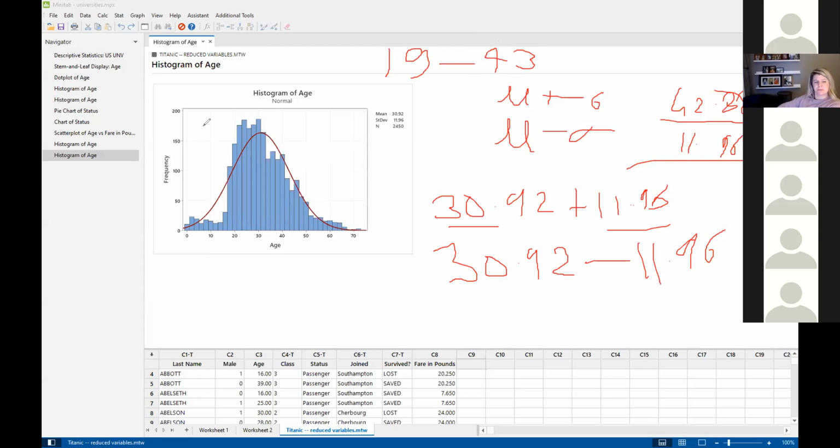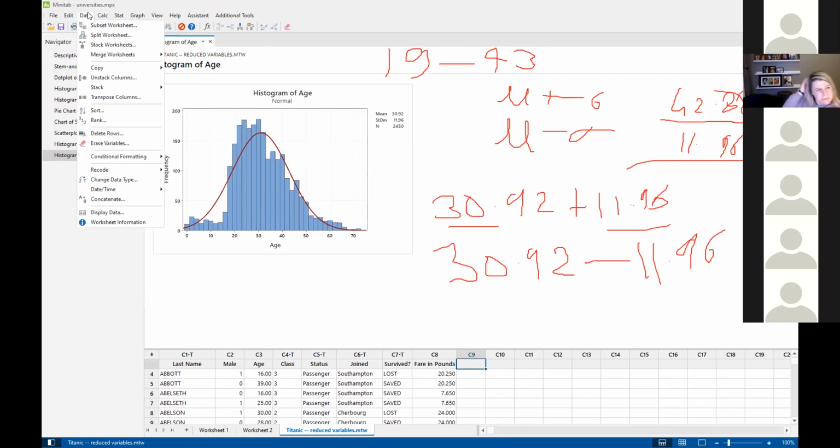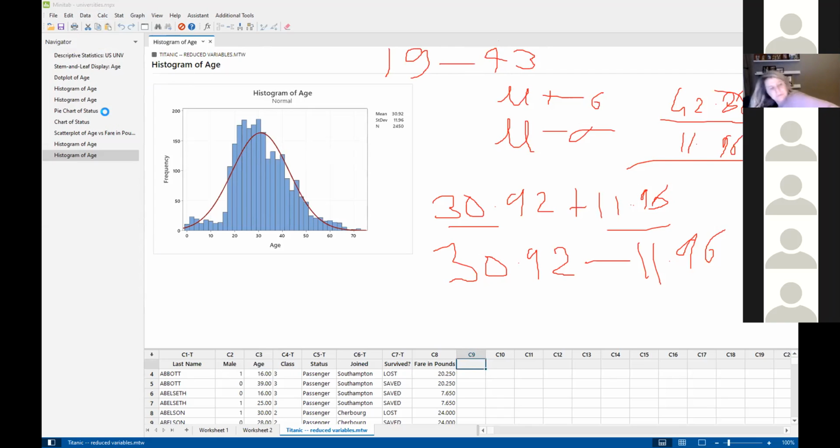Okay, let me do this. I'm going to see age, and I'm going to sort the age number here. So I'm going to do data, and I can sort.